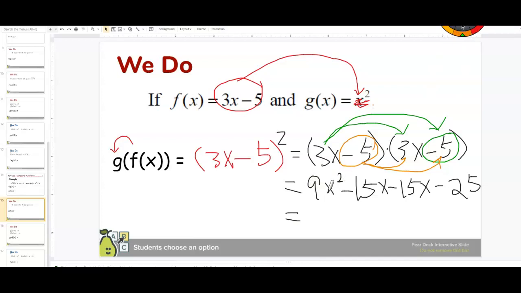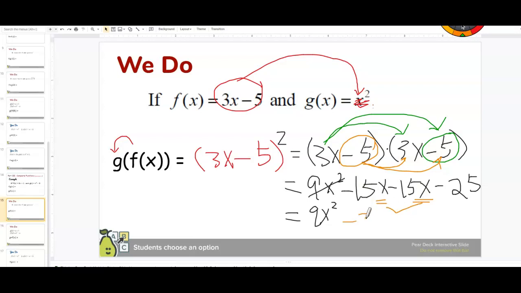9x squared, no other x squares on the back, so this is a single guy. Copy it down. And it's gone. And next one is x and x. They're like terms. Add up the number in the front, but be careful, the numbers are negative 15 and negative 15. Add them up.